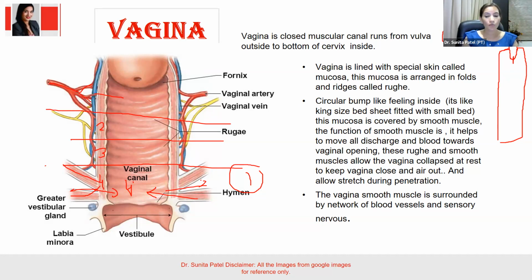The third thing available here is sexual hormonal receptors. In the lower third of the vagina, the lower 25%, special sexual hormonal receptors are present.